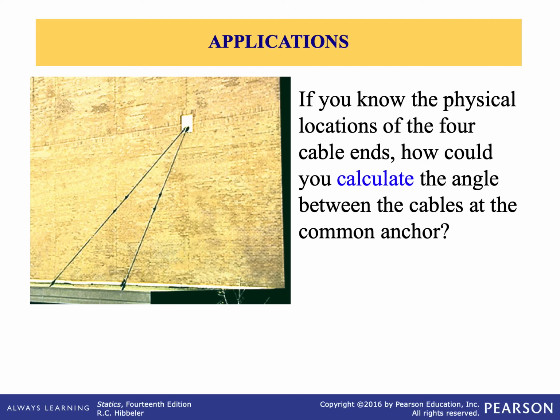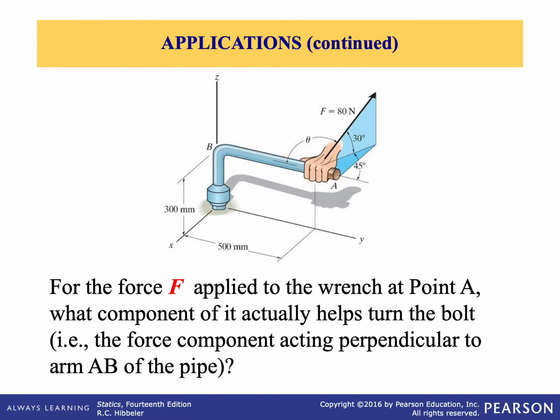Now, what about the projection of vectors? Let's say you have 2 forces, or a vector and a force, and you want to find the projection of one force along that position vector. How can we do this? To represent this in an example, you can see a person pulling on the wrench here. Note the angles: these shaded angles are projection angles.